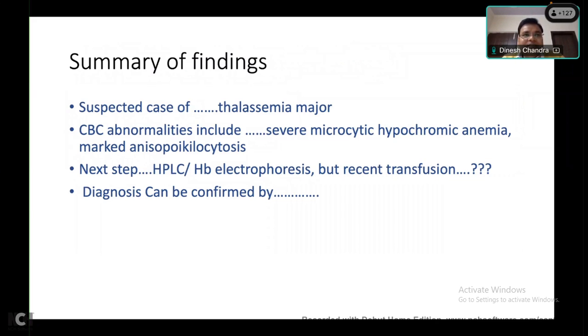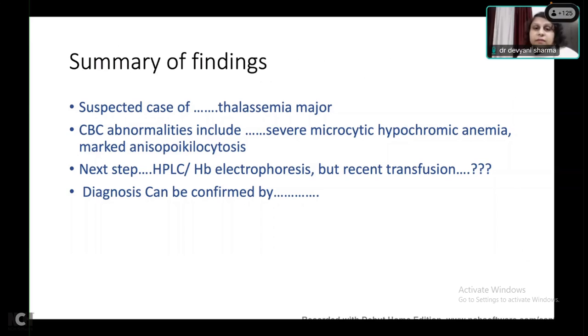Usually mutational studies are done in cases where there is ambiguity, or before prenatal diagnosis. But the question here is, suppose this child has received a transfusion 3 or 4 days back. What we are going to get is a mix of the diseased state and normal hemoglobin.